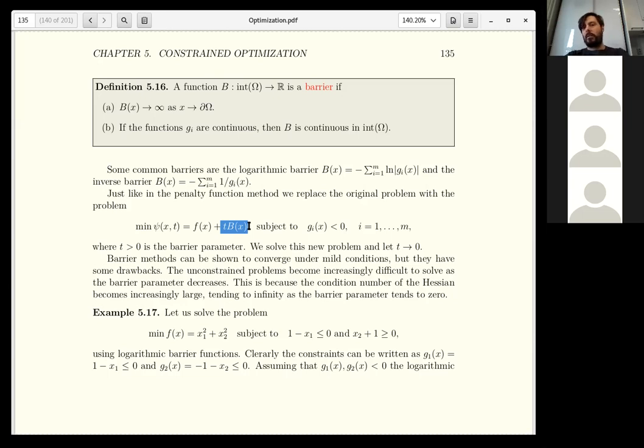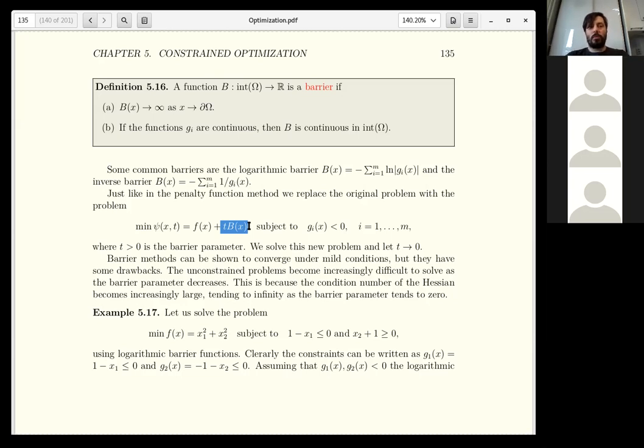And this is a really nice result. This t can be thought of as the parameter for how steeply the barrier increases. Obviously, when we get close enough, it goes to infinity, so it's very steep near the barrier, but how far from the barrier does it increase in steepness? If t is very big, then we can't get very close to the edge of the region before the barrier increases. But if t is very small, then as long as we don't get too close to the edge, the barrier doesn't rise.